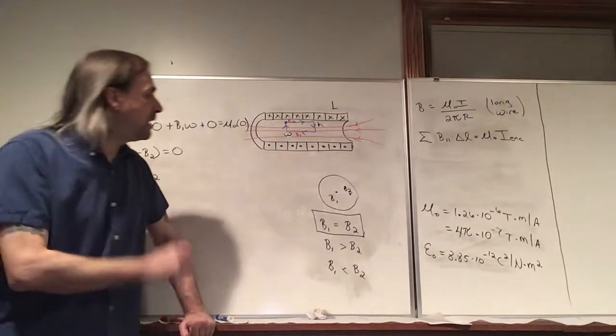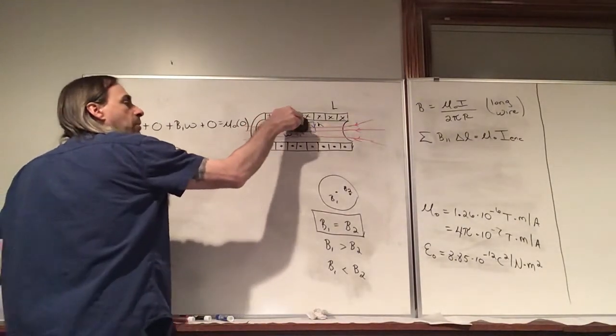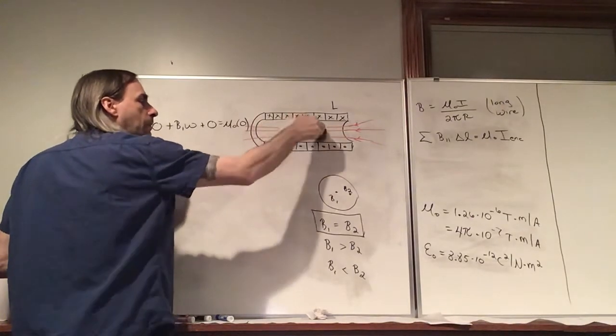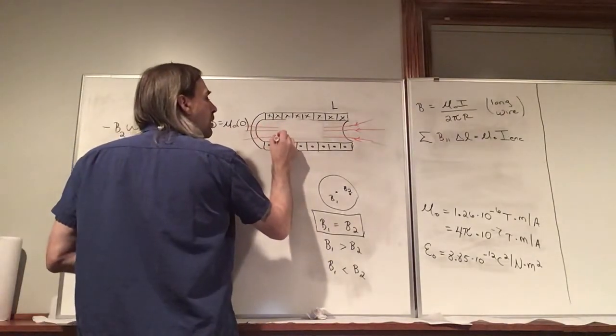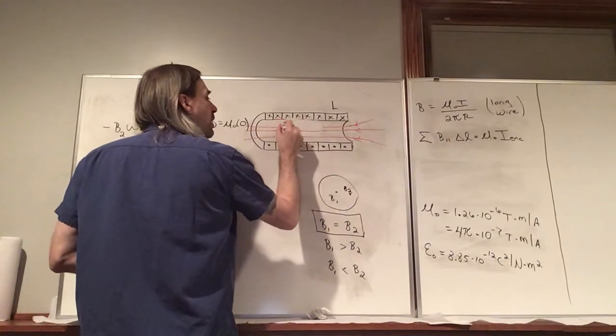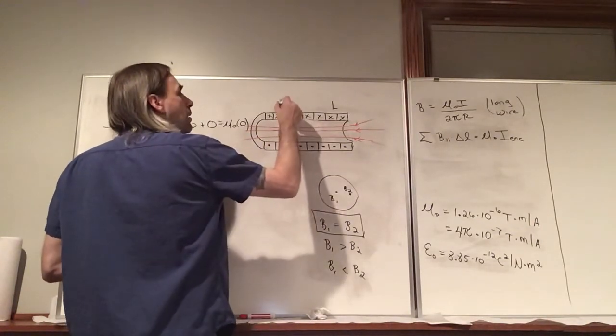So now let's focus on finding the magnetic field inside the solenoid. Let's erase that. I'm going to draw a different Amperian loop here.